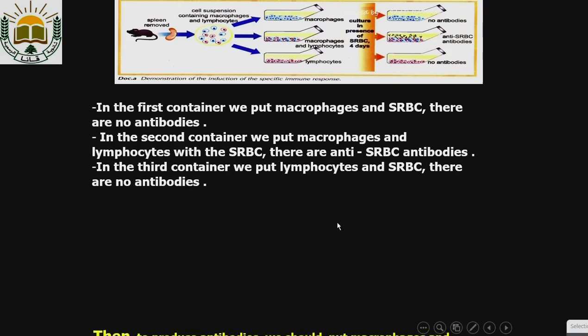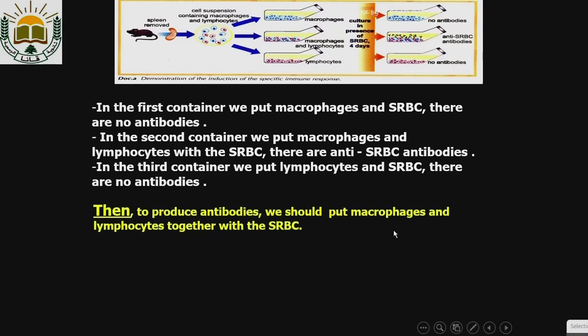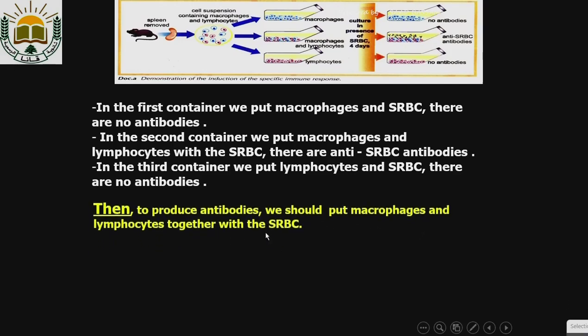Look at this. Then, to produce antibodies, we should put macrophages and lymphocytes together with SRBC. Isn't it beautiful? That's it.